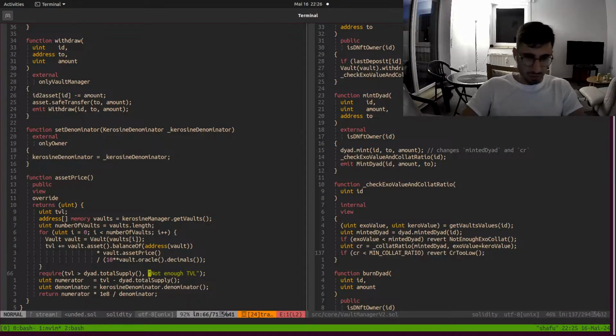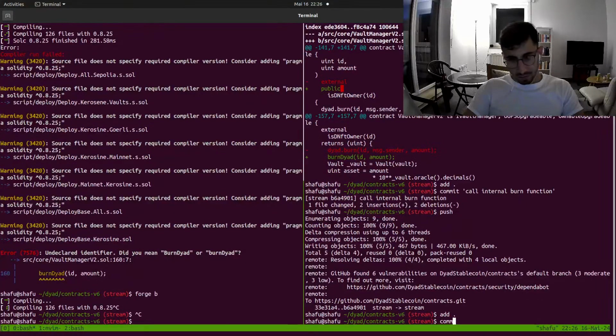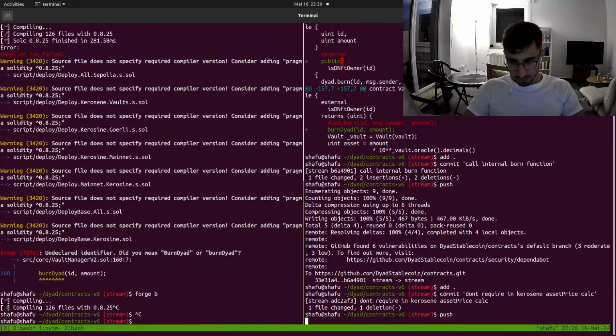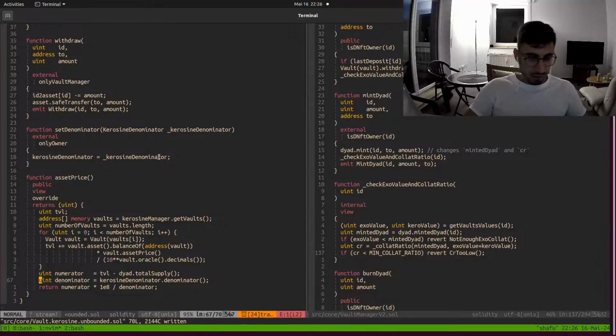Plus 2 external calls, I don't like this. Add commit don't require, and kerosene. In kerosene, what's the price? Yeah, this is not necessary.